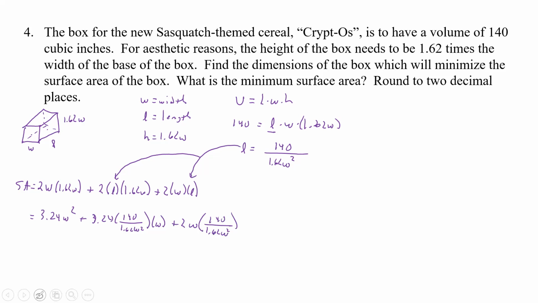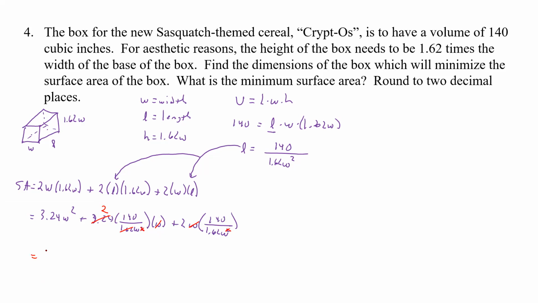Okay, so now let's start canceling what we can. So one of those cancels that. That cancels one of those. Now this 1.62 cancels one of those, so that's still a 2. And I think that's all.